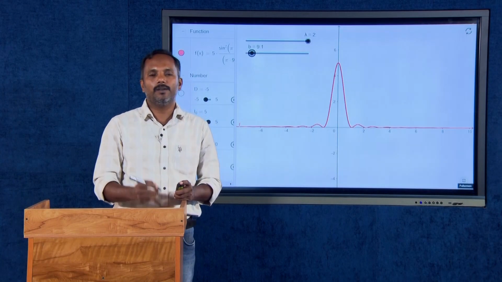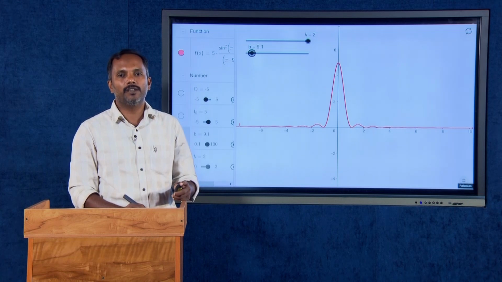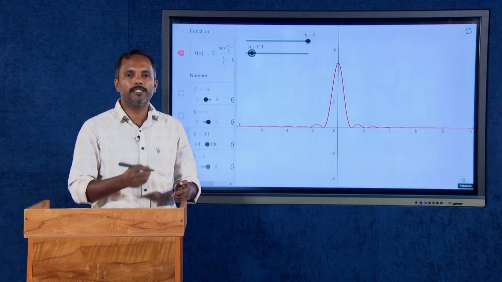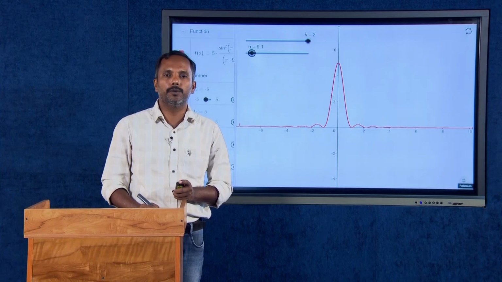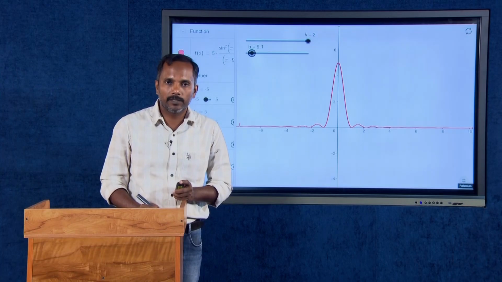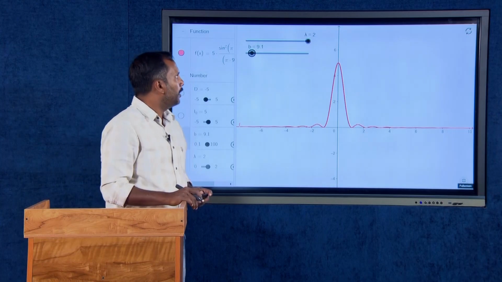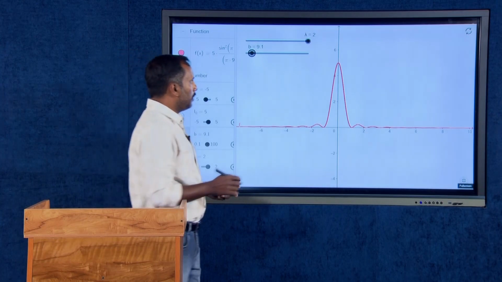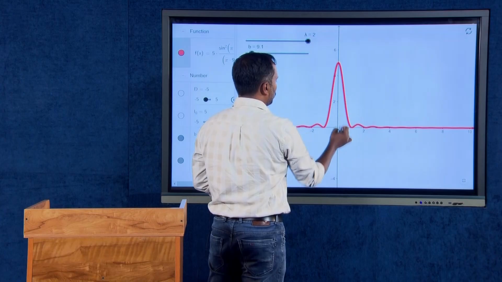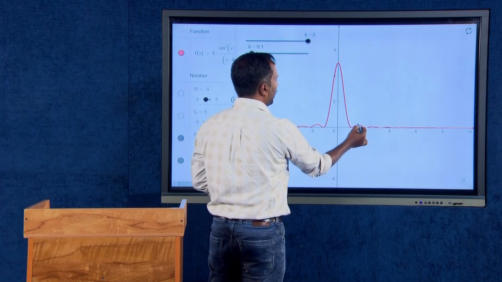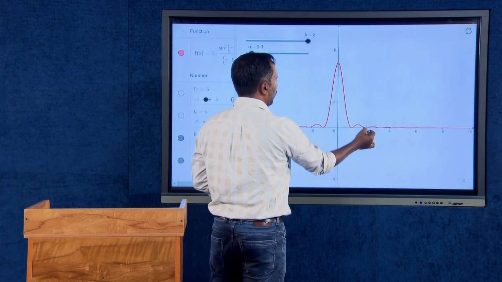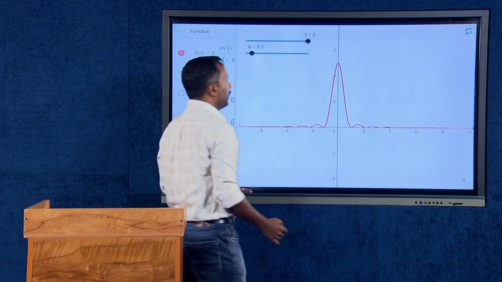Here it is the intensity distribution graph of the diffraction pattern formed on the screen due to diffraction from the single slit, and this graph is drawn by using GeoGebra software. You can see the central maxima here, and on both sides of the central maxima we have the secondary maxima, and then we have the secondary minima as well.